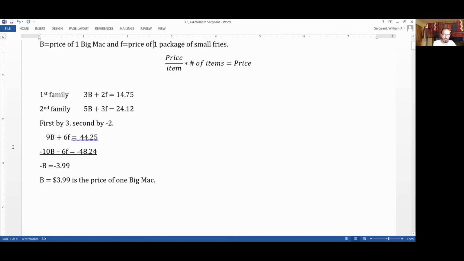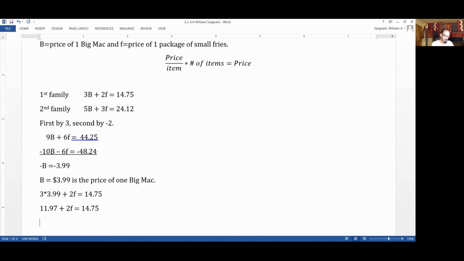Going back to the original equation 1 that had the smaller numbers, I'm going to multiply 3 times 3.99 plus 2F equals 14.75. It's going to be, let's see, 11.97. Yep. Plus 2F is 14.75.